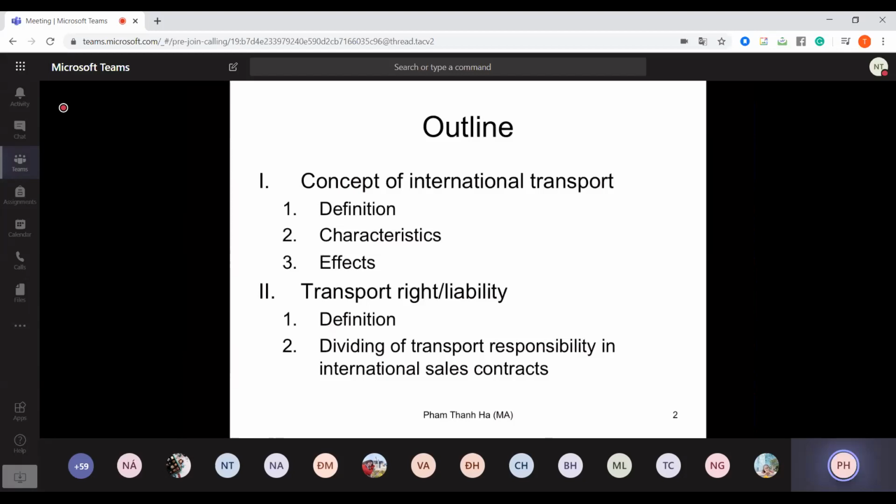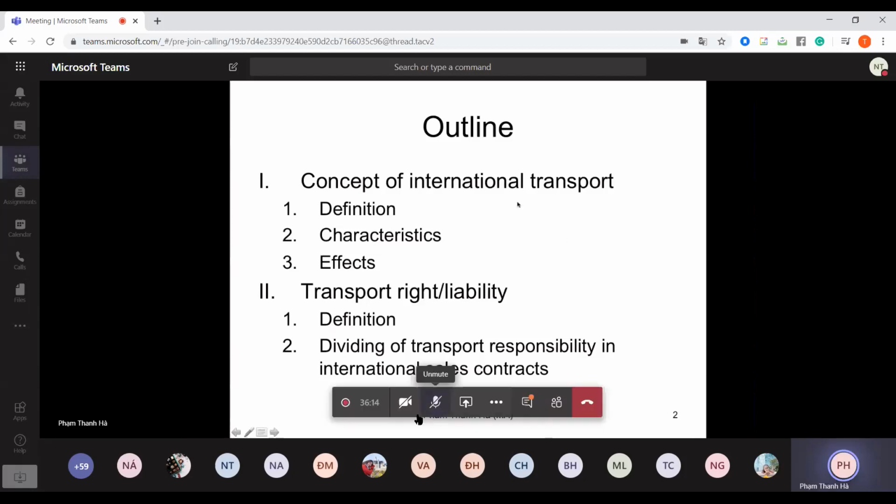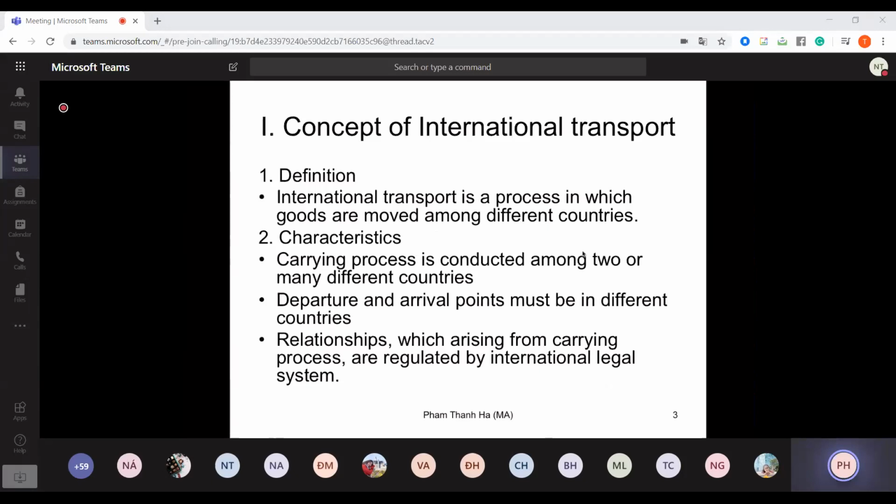So I'm asking you to read very carefully the terms and conditions in Incoterms 2010. Have you read it? Okay, later on I'm going to ask you. But first, before going to transportation rights or liabilities, we need to mention a little bit about the concept of international transport.